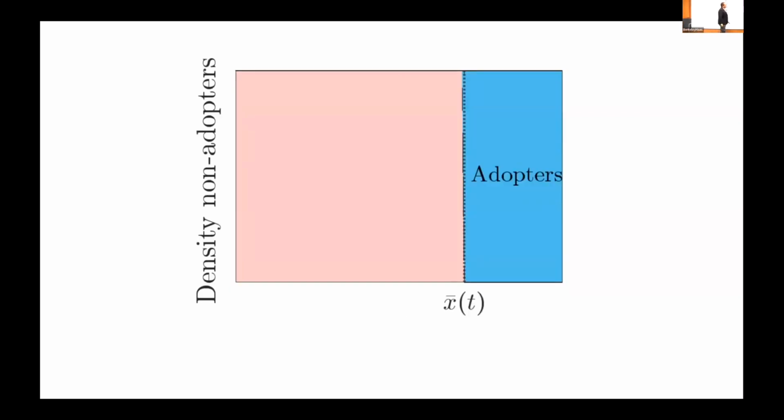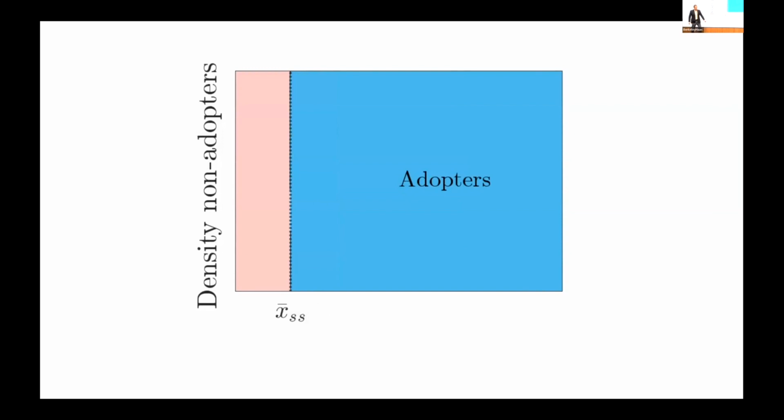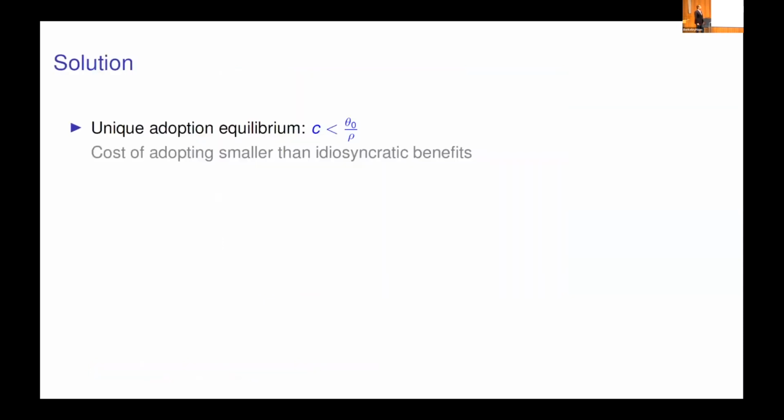At the very beginning, some people are going to adopt, the high X people, but over time, N is going to keep increasing. So adoption is going to increase more and more up until I find an equilibrium. But you can already see here how I get gradual adoption of this technology through the strategic complementarities mechanism. This is going to be relevant because this is how I'm going to get the S-shaped curve that we see in other technologies. Okay, so that's the mechanism of the model.